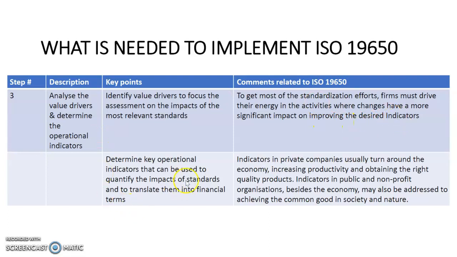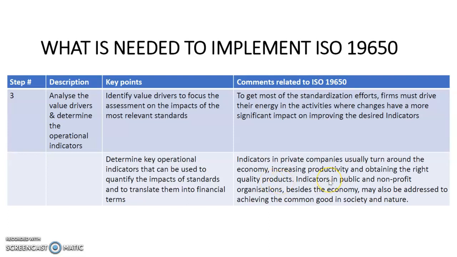The other key point is to determine the key operational indicators that can be used to quantify, that means measure, the impact of the standards and to translate them into financial terms, into numbers. Indicators for private companies usually will be in relation to economy, profit or loss, increasing productivity, and obtaining the right quality products.